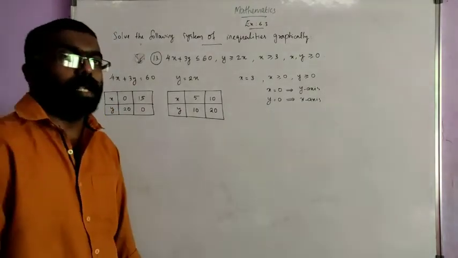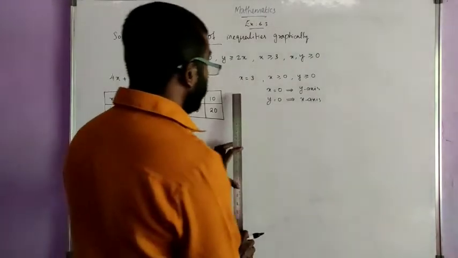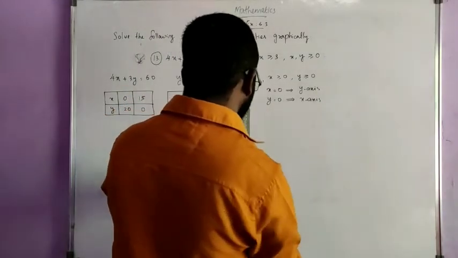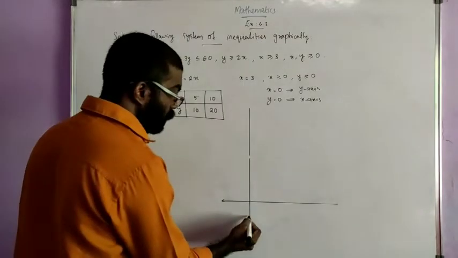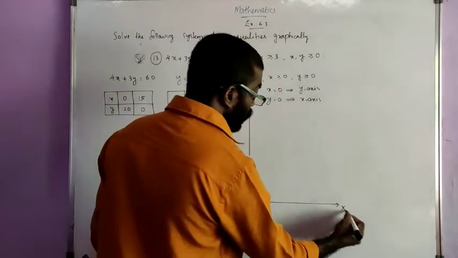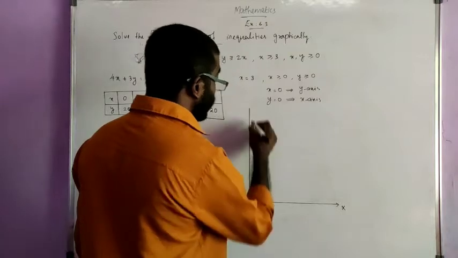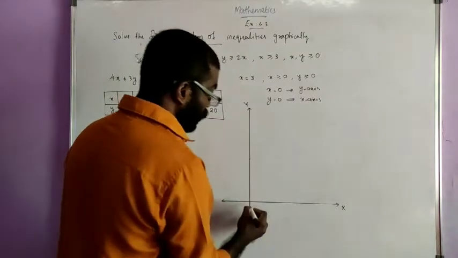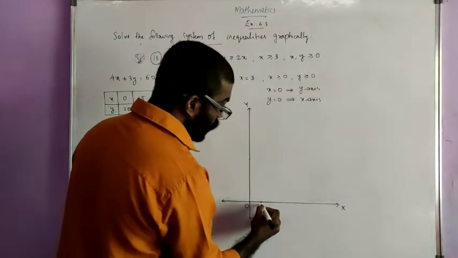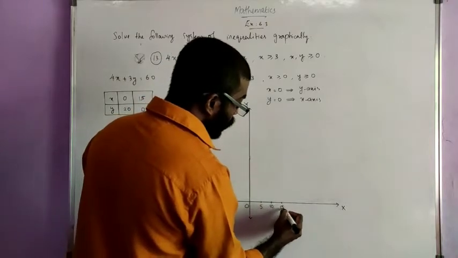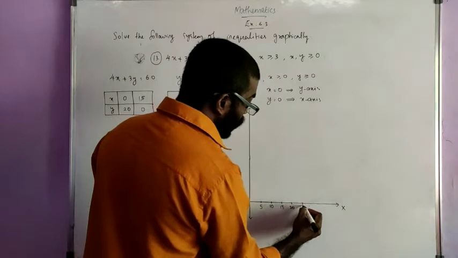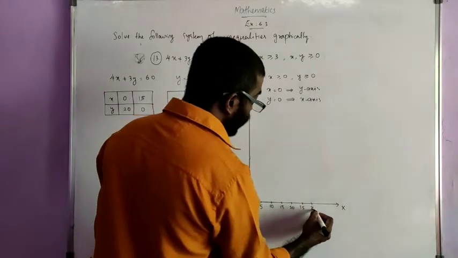Now we can draw the corresponding graph. Here we can mark the points as 5, 10, 15, 20, 25 and 30.